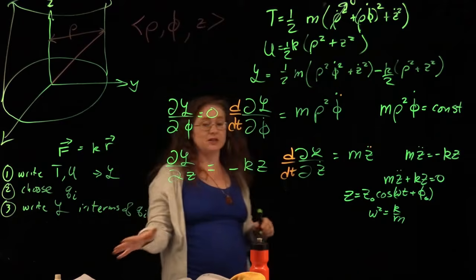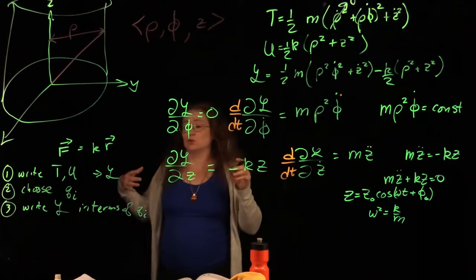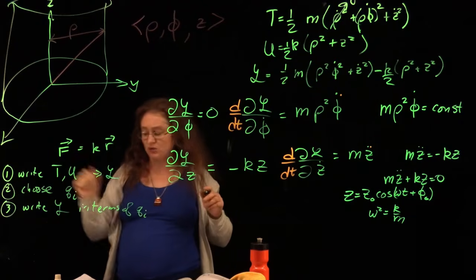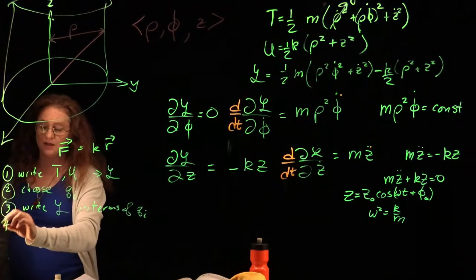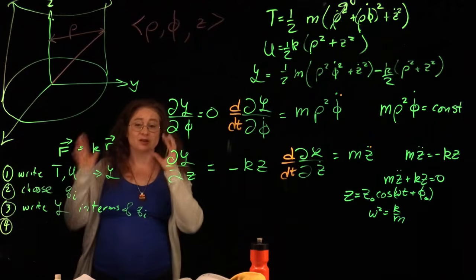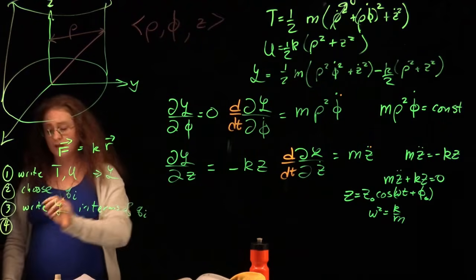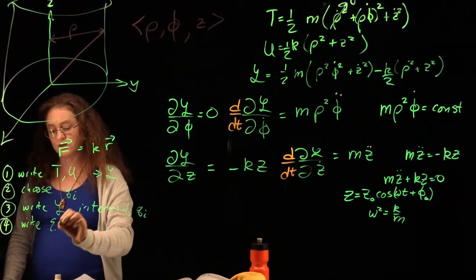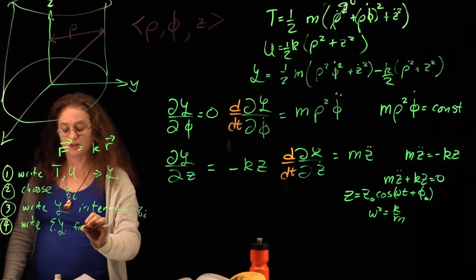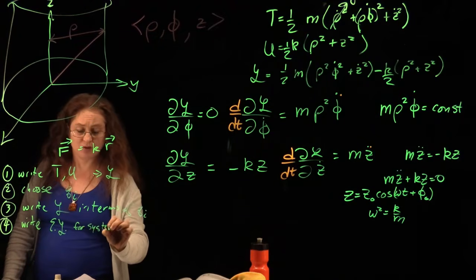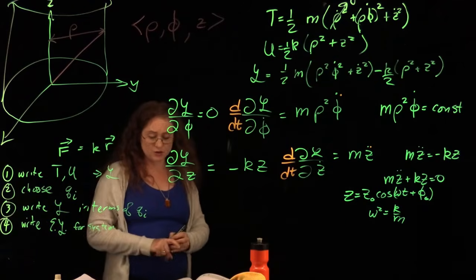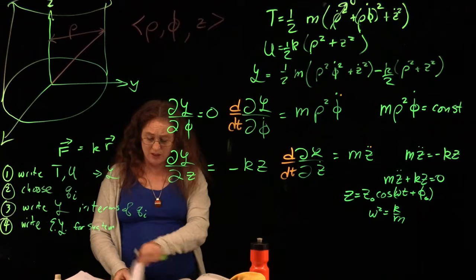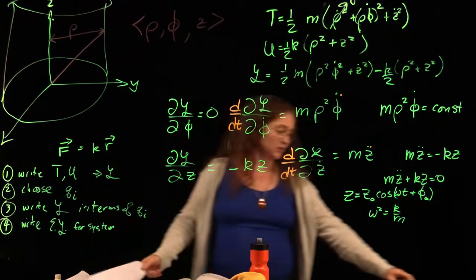The way that I like to do it, if I have a constraint, is to do this step whatever way is easiest, write the constraint down, and then use algebra to solve for the rest of it. It adds a few steps, but it makes it a little bit more straightforward. And then you want to write down the Euler-Lagrange equations for the system, and then from there you have to solve it. So you can do this with basically any type of problem. And we're going to go through a few more examples.